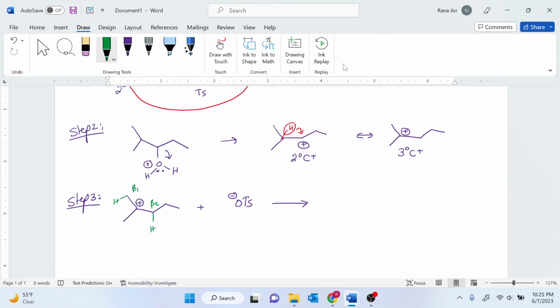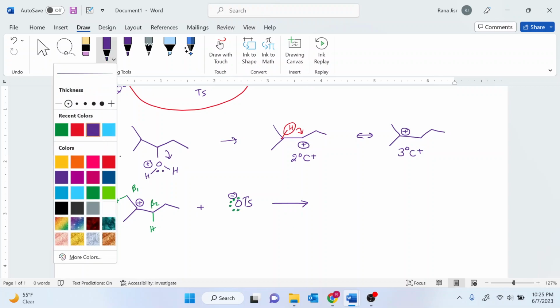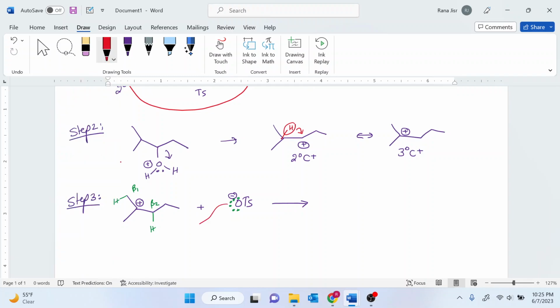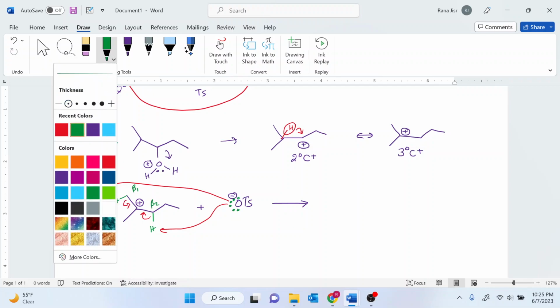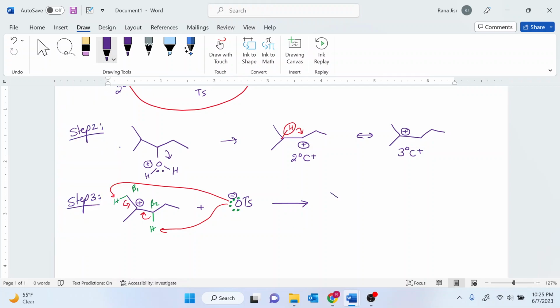And the base is going to come and attack each one of these beta hydrogens and form an alkene. So the base is going to come, take this beta hydrogen, form a double bond here, or it's going to come take this beta hydrogen and form a double bond here. In both cases, I will end up getting my alkene.